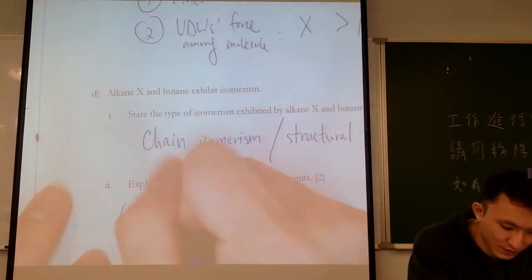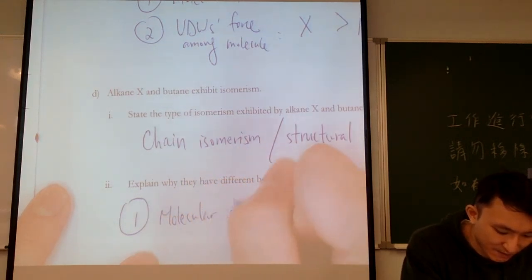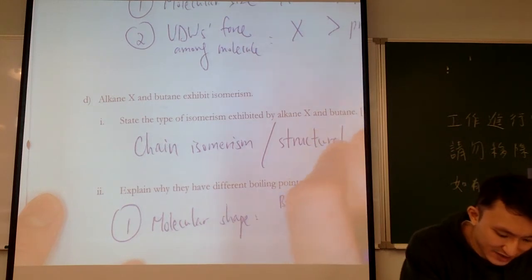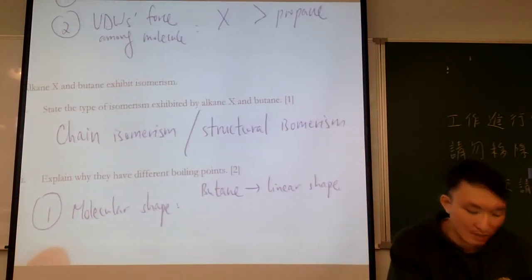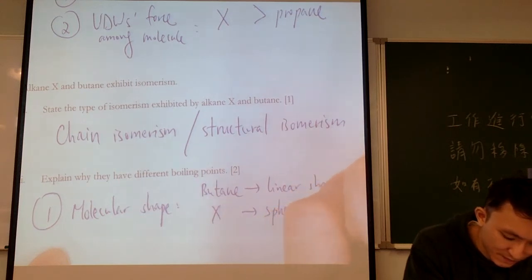First of all, we compare the molecular shape. Butane has a linear shape, whereas X has a spherical shape.